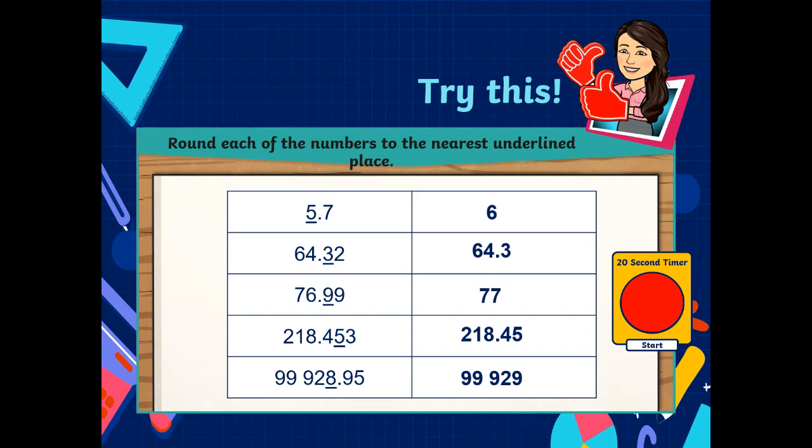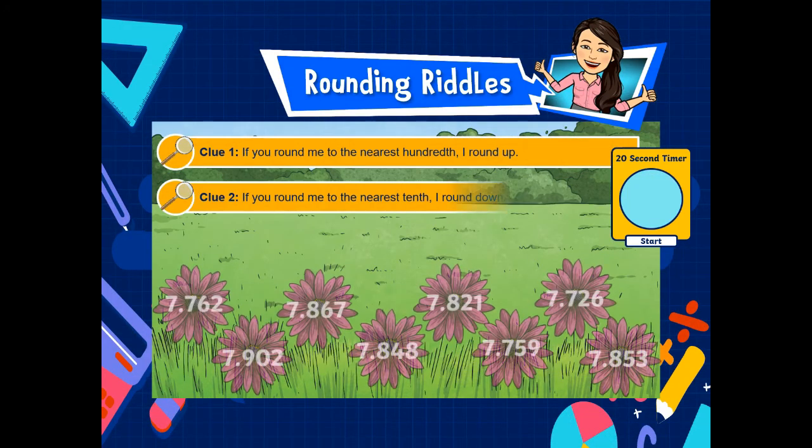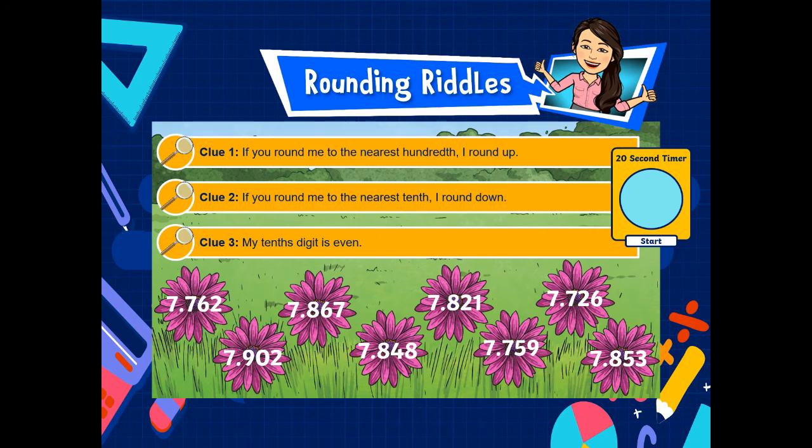How many correct answers did you get? Wow, that's impressive! How about giving another try to the following rounding riddles? Read the following clues to help you get the answer. You have 20 seconds to think about the answer to this riddle.